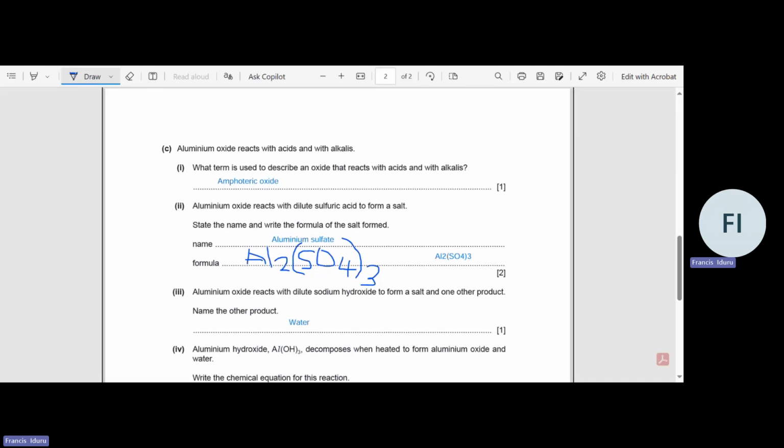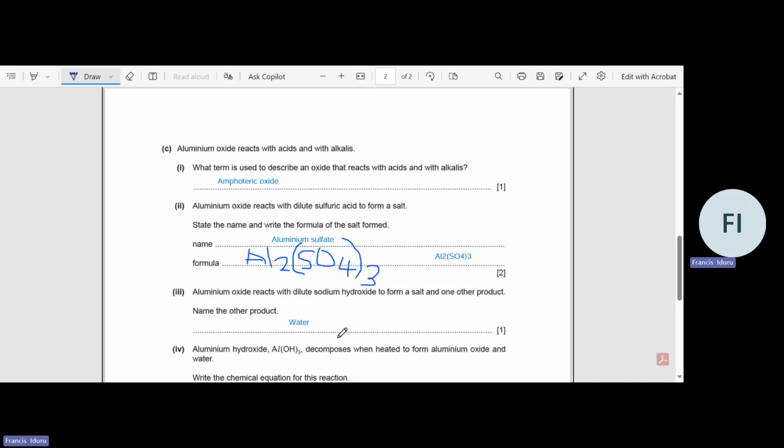That's a complex salt and water, and so that's why you are not asked to name that salt, because the scope for naming that salt is not within the scope of this topic we are teaching right now. In your sixth form college, we learn how to name that, but the complex salt is sodium dioxoaluminate 3.